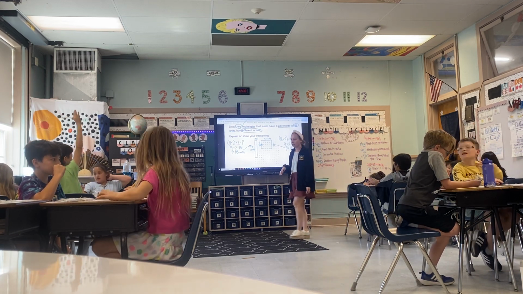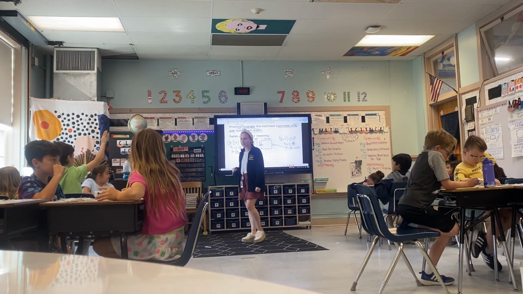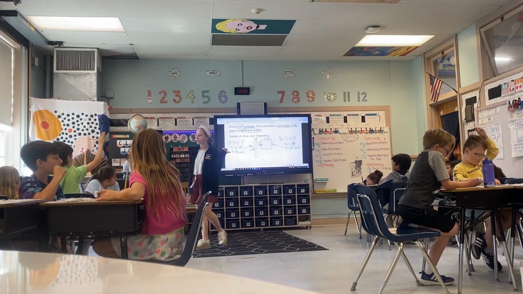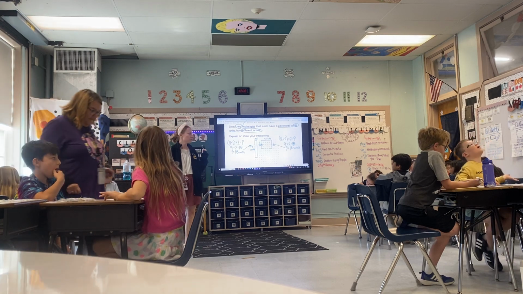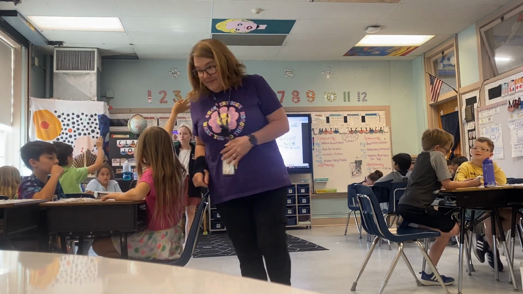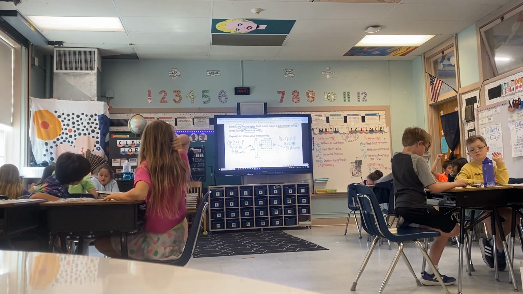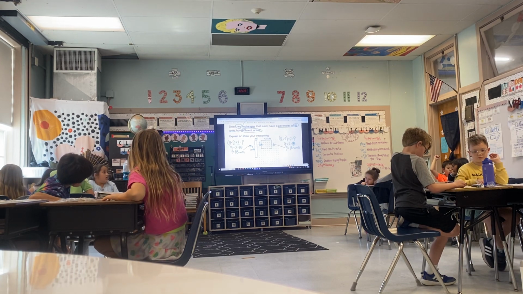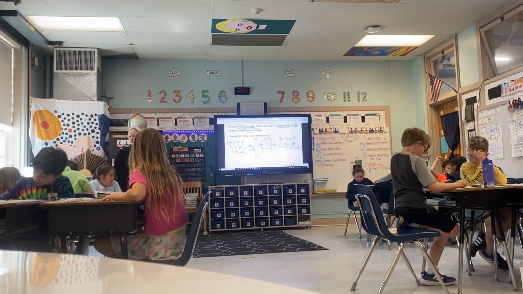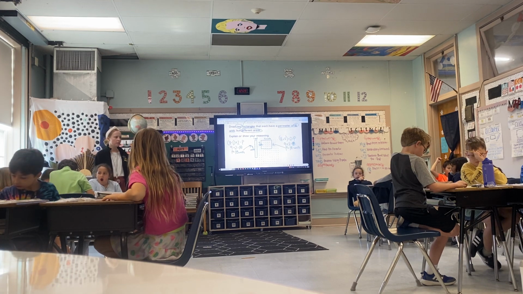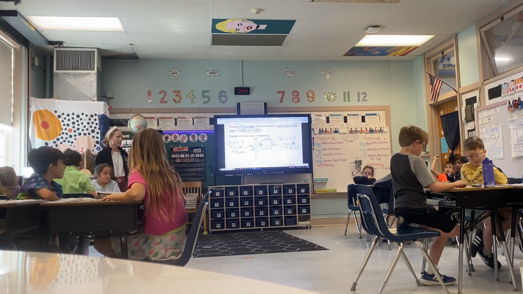Okay, did anybody find something kind of interesting when you went and found the perimeter of your rectangles? Was there anything that you were like, maybe this isn't right? Did anybody find a mistake that they might have made? It's okay to admit you made a mistake. Lena.